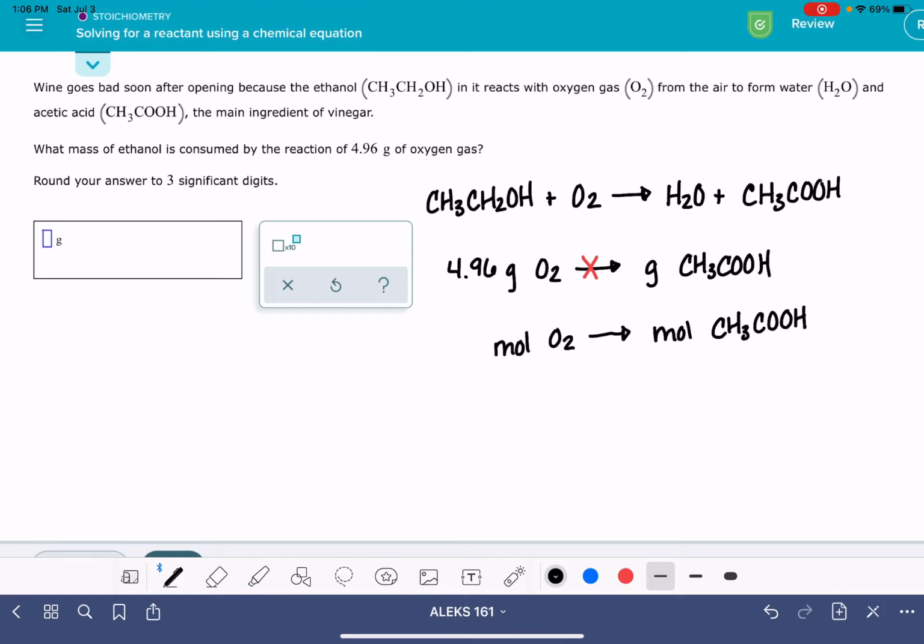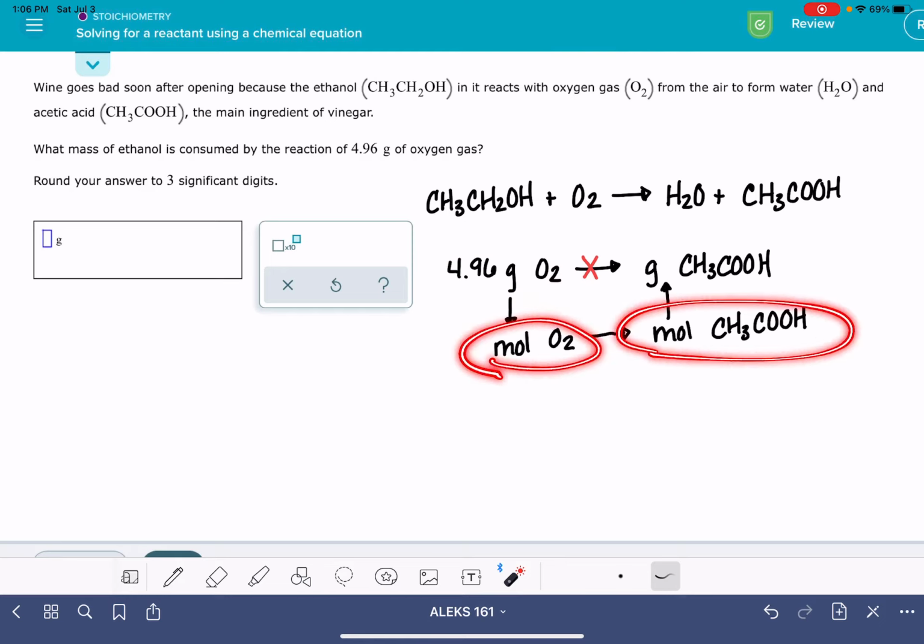That's a valid conversion. And we also know that using the molecular weight, we can convert from grams of oxygen into moles, and we can convert from moles of, well, anything into grams. So the process that we need to take is to go from grams of O2 into moles of O2, and then into moles of acetic acid, and then into grams of acetic acid.